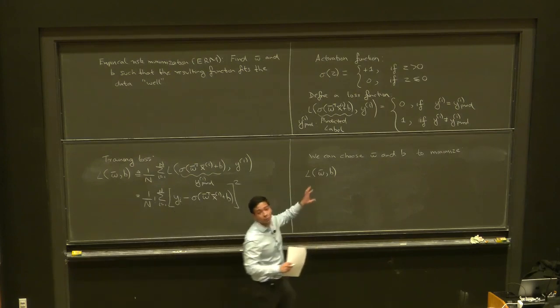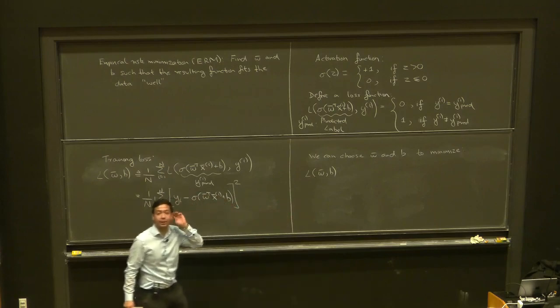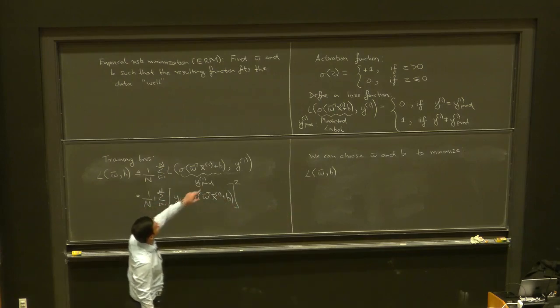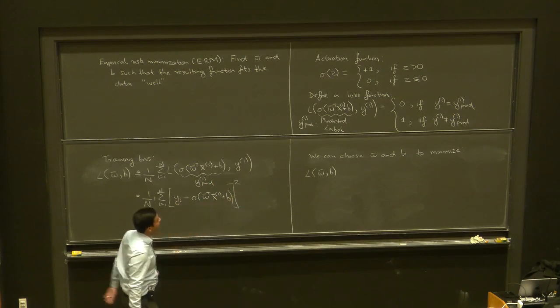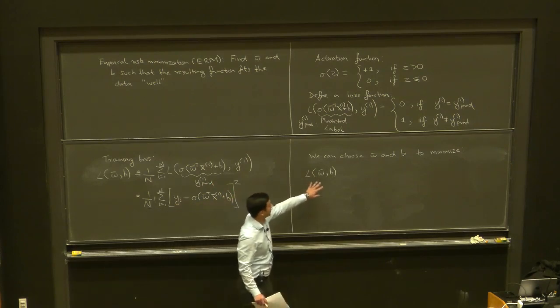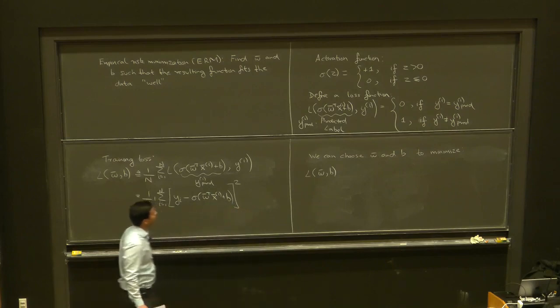So this is one specific choice. We chose a particular activation, which is over there. We chose a particular loss function, and then we can try to minimize this training loss.